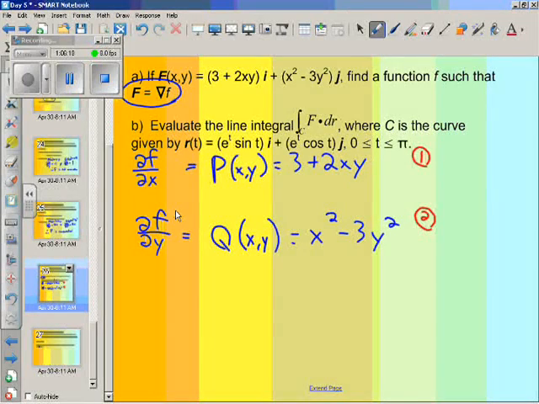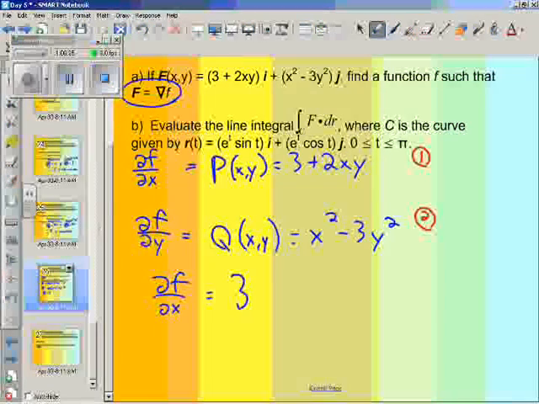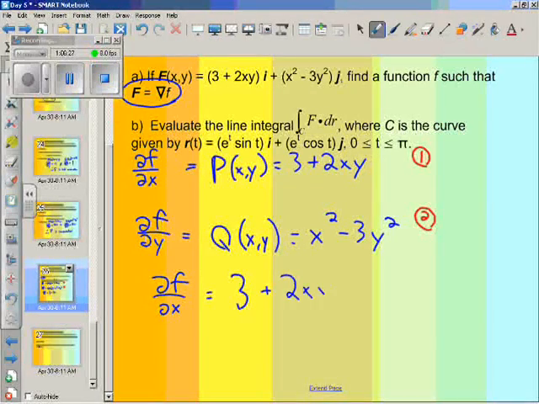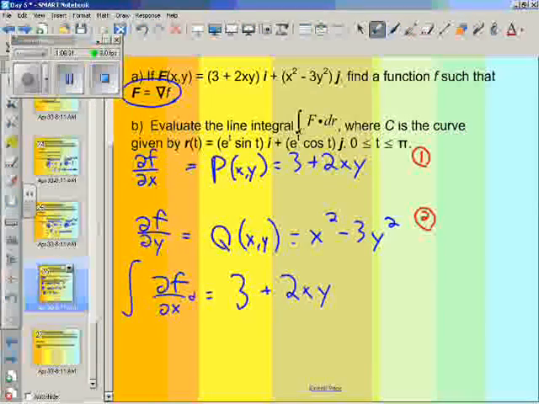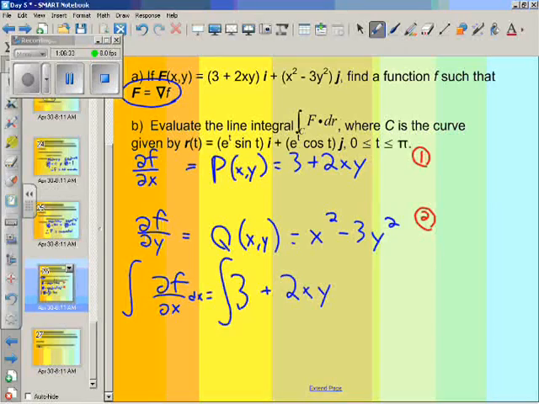What I want to do is integrate equation 1 with respect to x. So we have df/dx equals 3 plus 2xy, and we want to integrate that with respect to x.